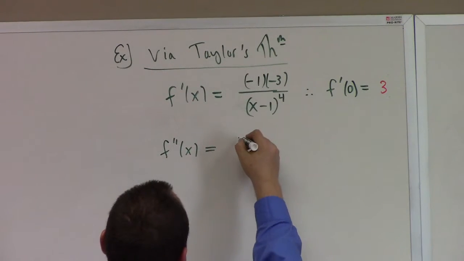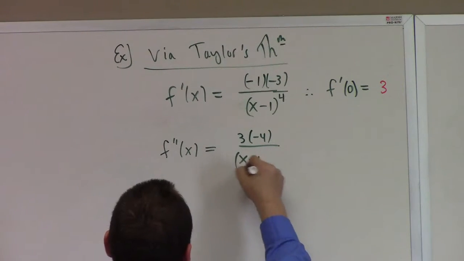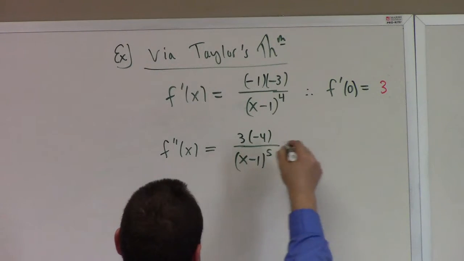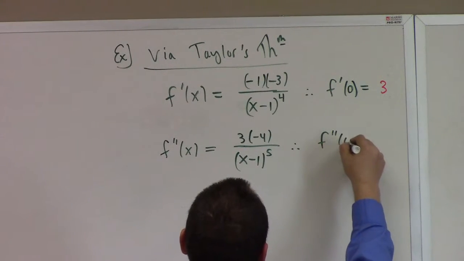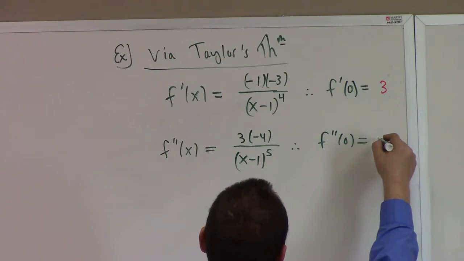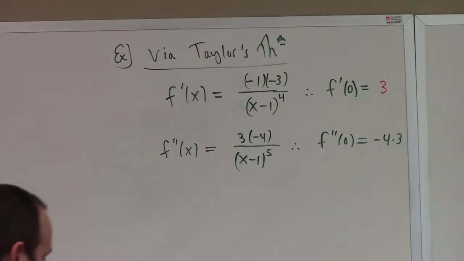So we get 3 times minus 4 over x minus 1 to the fifth, right? Therefore, f prime prime of 0 is equal to minus 4 times 3, right? What happens when you differentiate a 3 times?